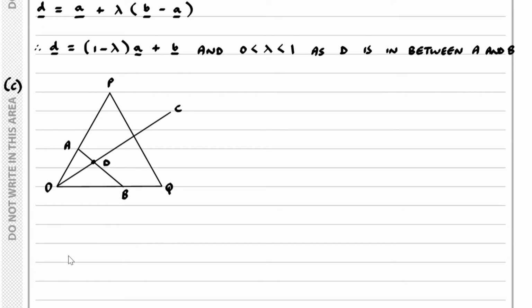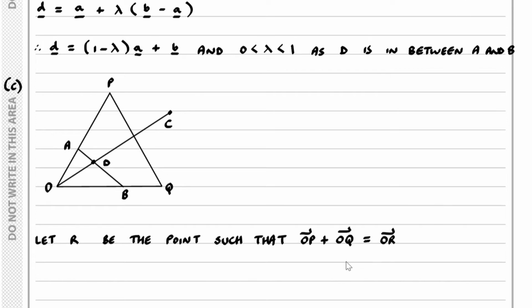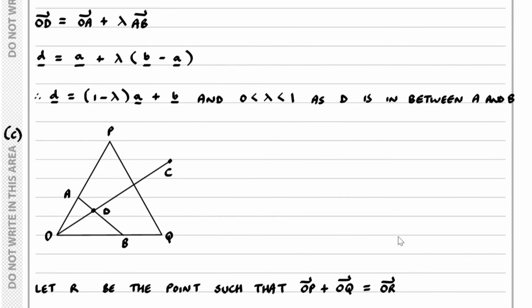Now, what we're going to do is create a new point R, which is also on this line. And the way we're going to do it is to let R be the point such that OP plus OQ equals OR. I will explain what this means.